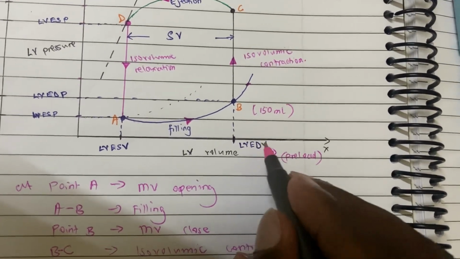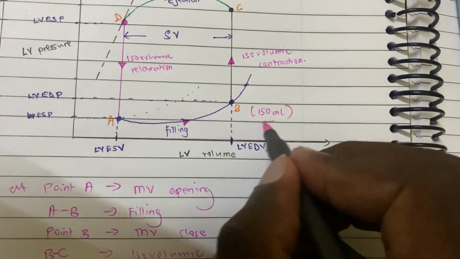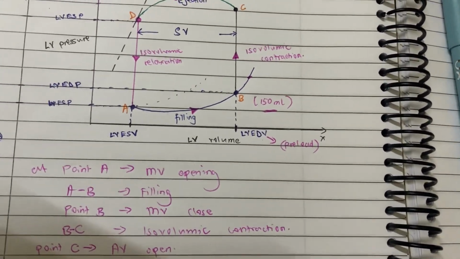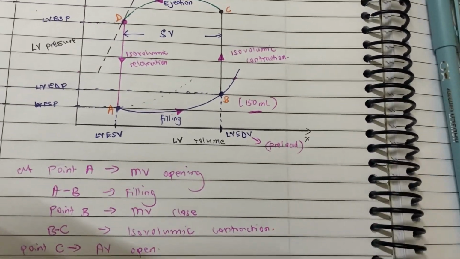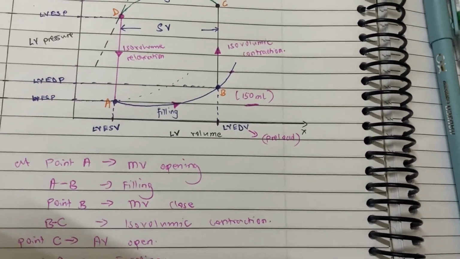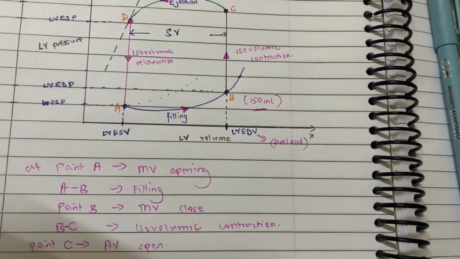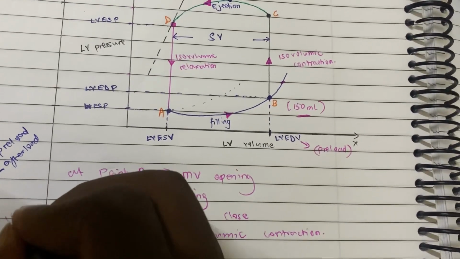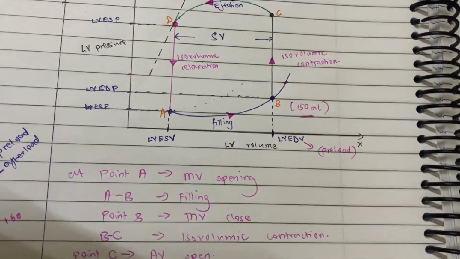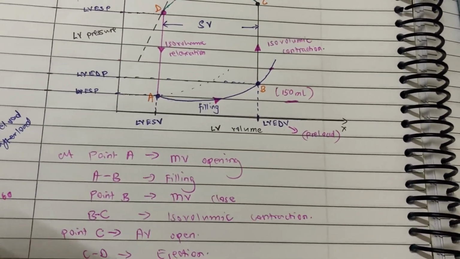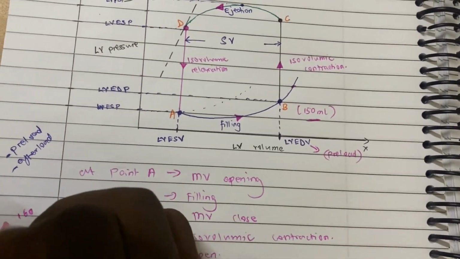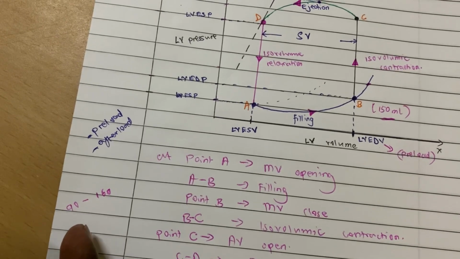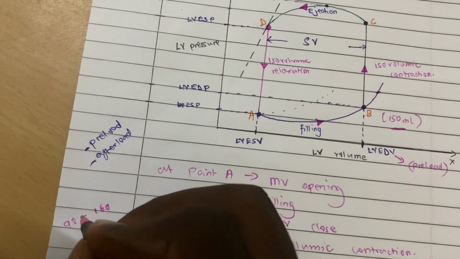In echocardiography, when we measure LV end diastolic volume on M mode, the normal one will be below 160, around 90 to 160. So all this range is there.